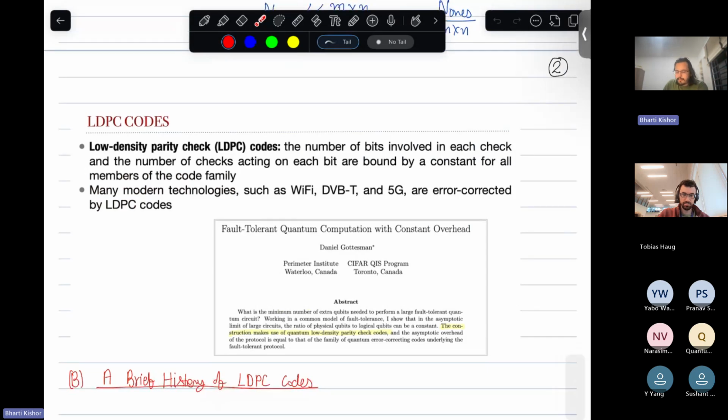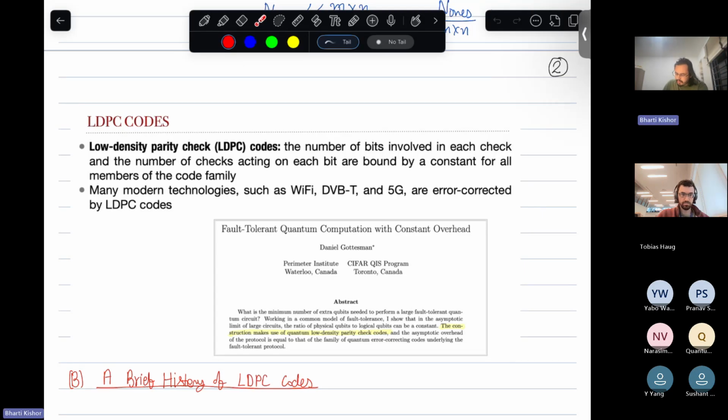This is a very important code, and it's very much used in Wi-Fi, DVB-T, 5G, even in space communication, like how satellites communicate. At all these places, LDPC codes are used a lot.